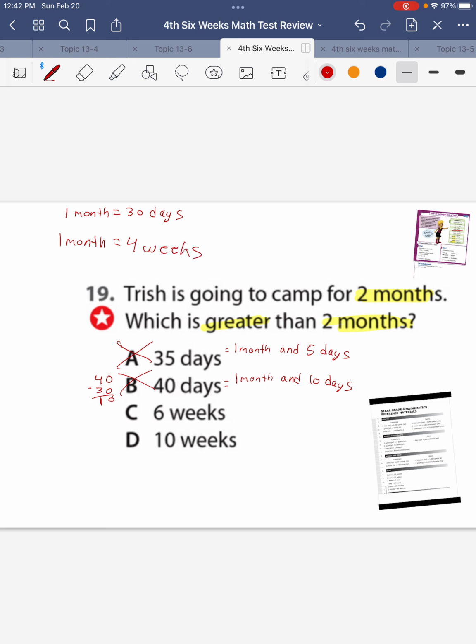So here I have 6 weeks. Okay. So I know that I for sure have a month in here because 4 weeks makes a month and this is more than 4, it's 6. So I know this is a month. Okay. So if I do 6 minus 4, I get 2.